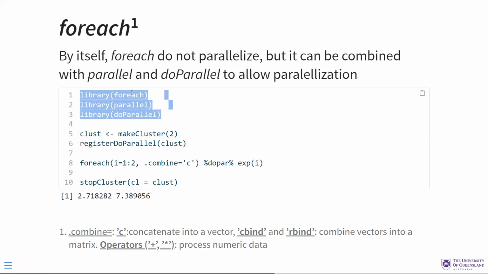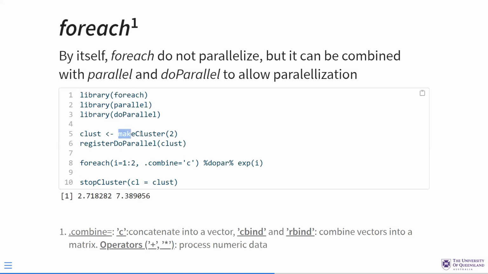For each, the library for each, you have to install it before, because it's not on the basic package tool included with R. You make the cluster. In this case, I make 2 cores in the cluster. You register the cluster and then do your function. In this case, it's the second example I gave before, and then you stop the cluster.